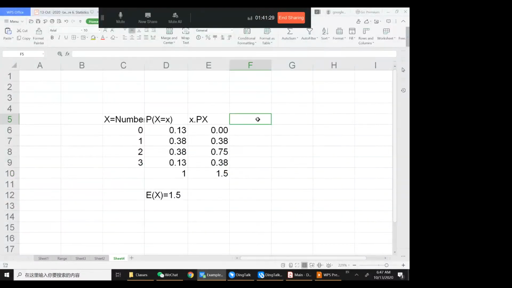So now we have to do E of x square, variance of x. So we will take this times this, and then we will multiply it with the probability.